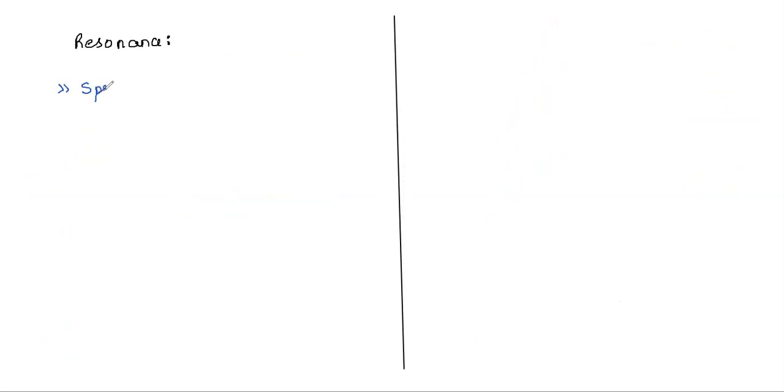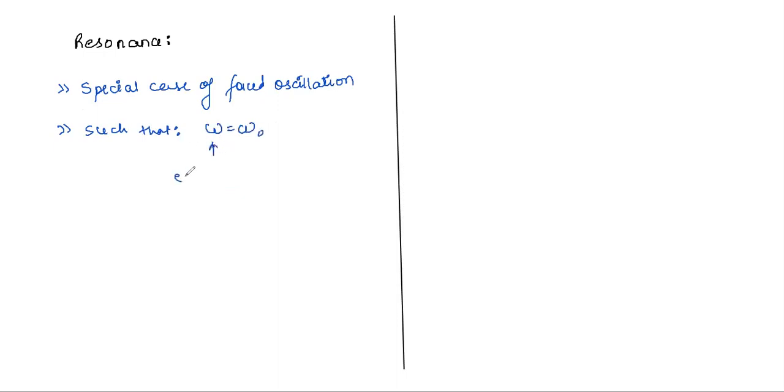Resonance is a special case of forced vibrations or forced SHM or forced oscillations, such that when does it happen? It happens only on one condition, when omega is equal to omega naught, that is, the external frequency becomes equal to the natural frequency.